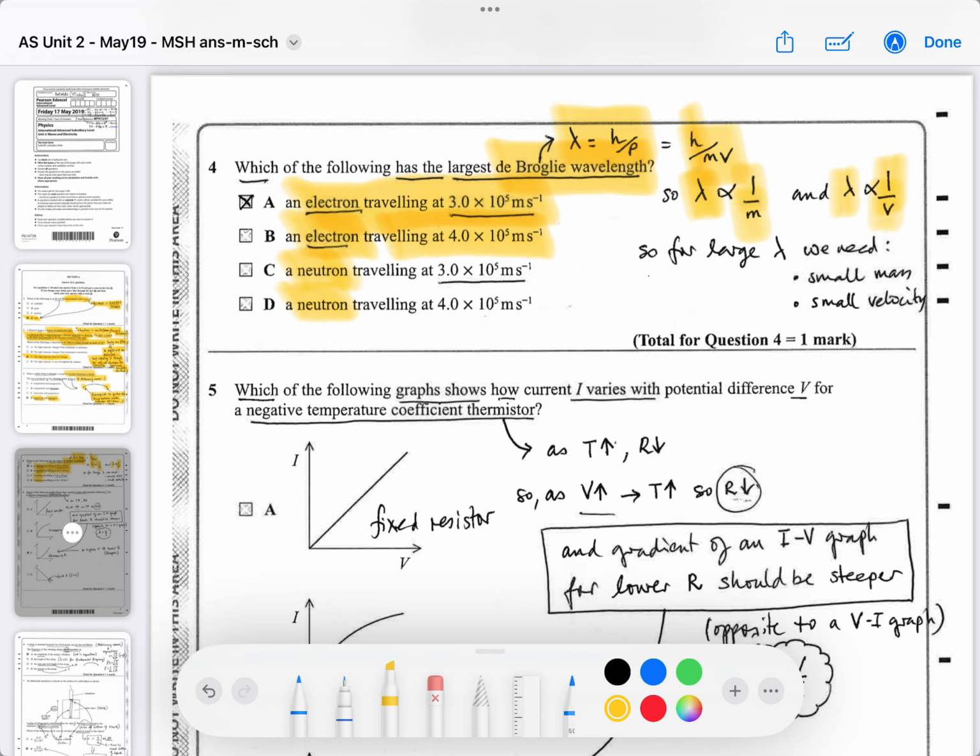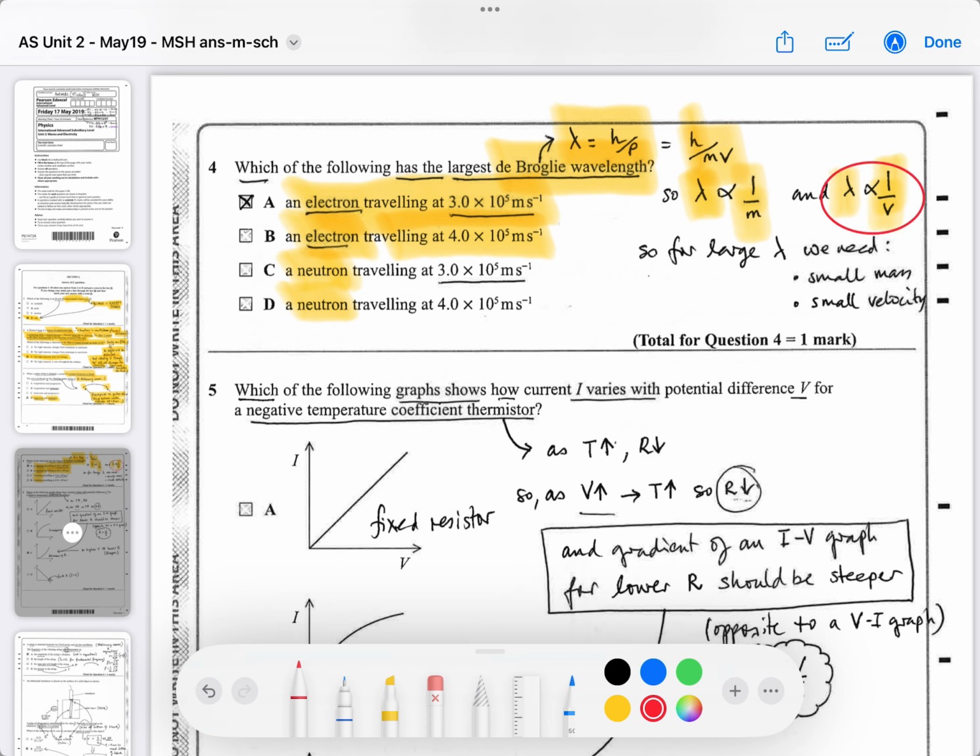The mass is the same, so the only difference is the velocity, and lambda is inversely proportional to the velocity. So you want the smaller velocity to have the larger wavelength. They both have the same mass, so you've got to realize that the velocity is the deciding factor.